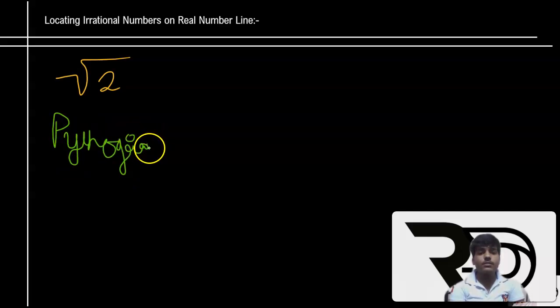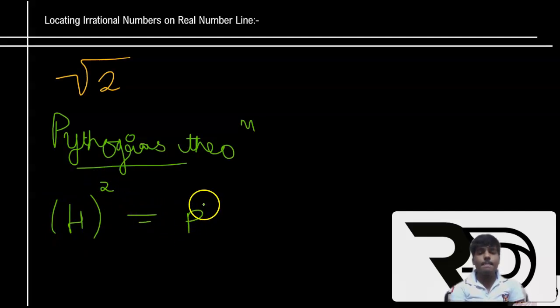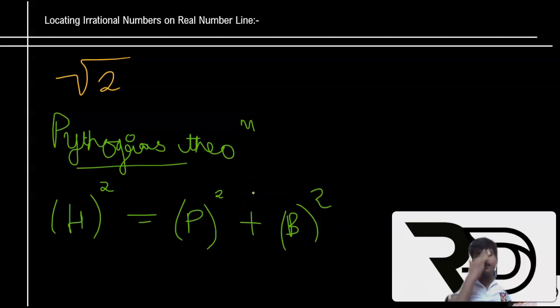Pythagoras theorem, which says that h square is equal to p square plus b square. Hypotenuse square equals perpendicular square plus base square. And this is applicable for a right angle triangle.